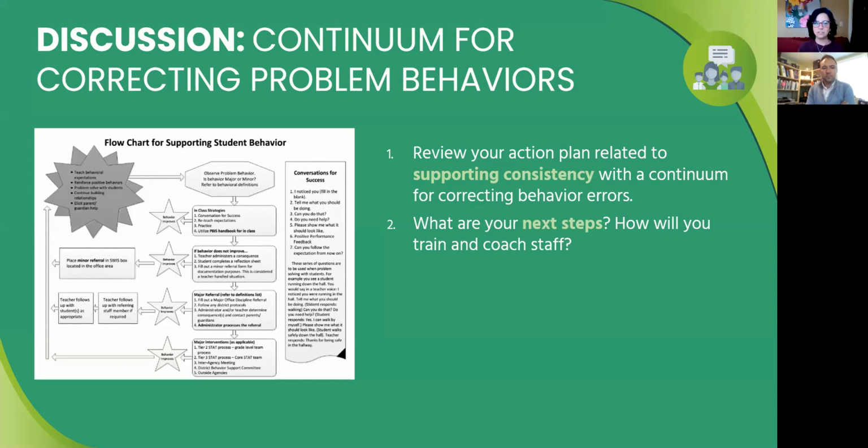That might be SWIS or X2 or SchoolBrains. And consider, very importantly, how you're going to train your staff so that they know how to use these new tools and understand the new systems. You're going to need to review this with your staff yearly so that their consistency is maintained as new staff join your school.